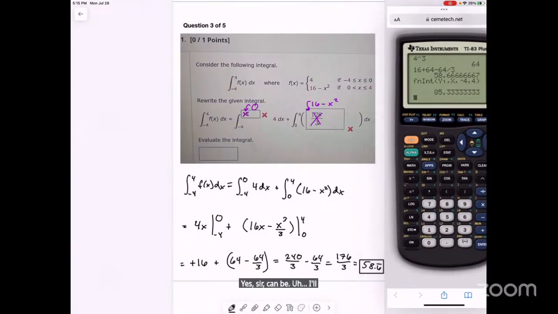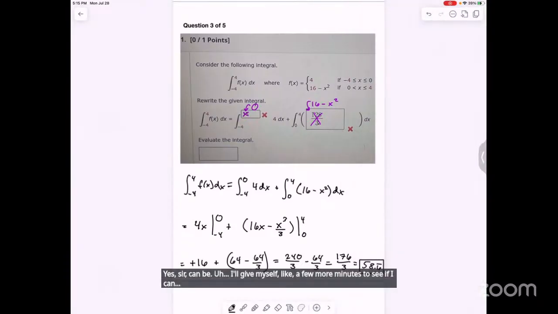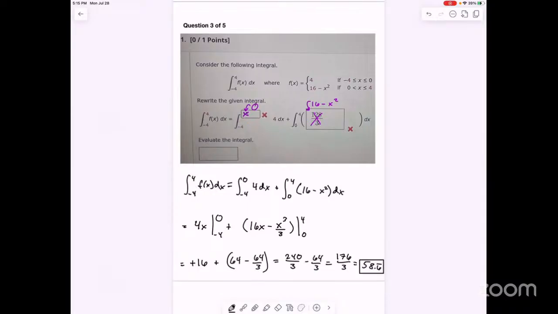I'll give myself a few more minutes to see if I can find the error. It might be something that's positive.